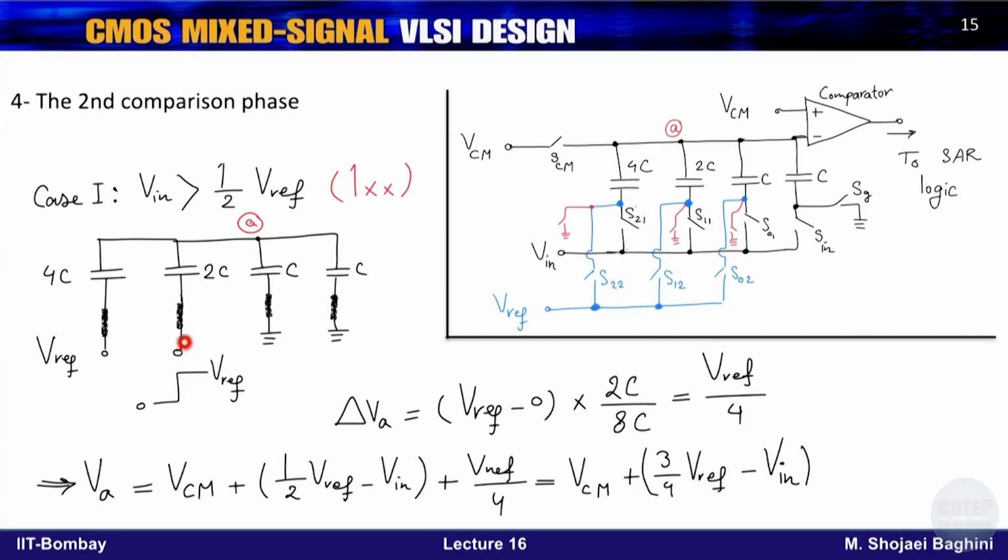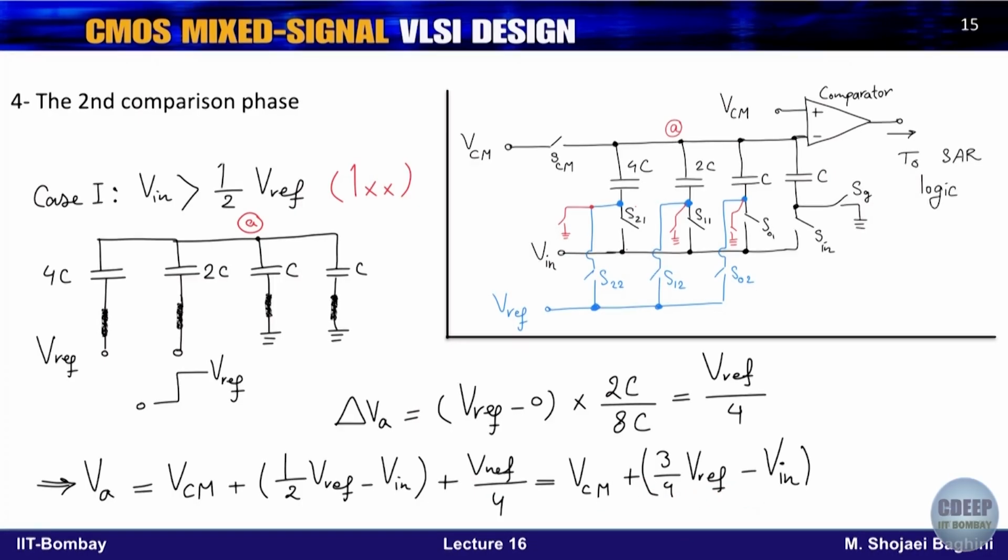So eventually the bottom plate of 2C now will rise from 0 to Vref. That means that now we have capacitive division of 1 upon 4, which will give us Vref upon 4. So Vref upon 4 now will be added to the voltage at node A. Therefore, voltage at node A is what we had at the beginning plus the new value Vref upon 4. Therefore, the actual input of the comparator now is 3 upon 4 Vref minus V in.